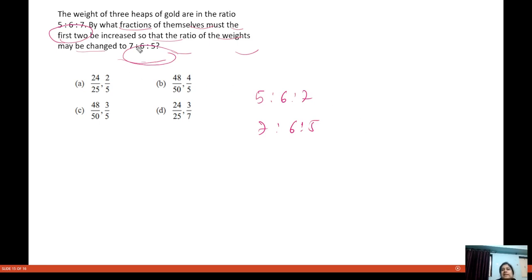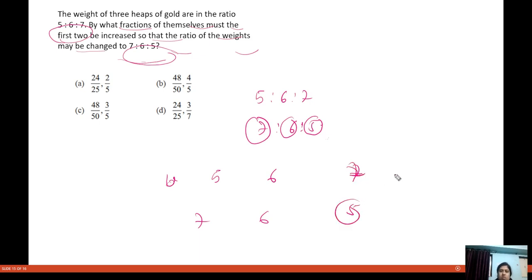Okay, so it is saying that the weights of 3 heaps of gold are 5 is to 6 is to 7. Now it is asking by what fraction of themselves the weights should be increased so that it becomes 7 is to 6 is to 5.